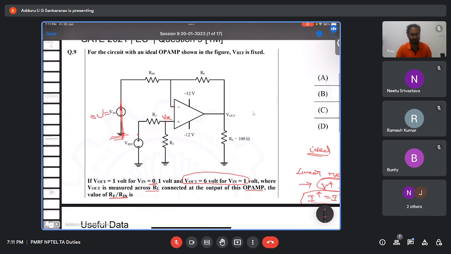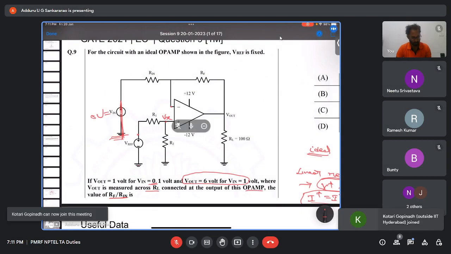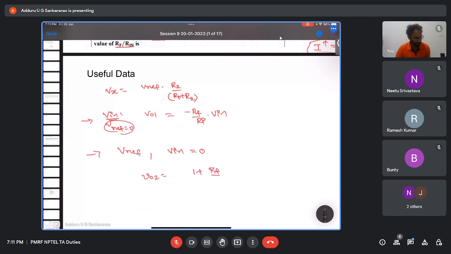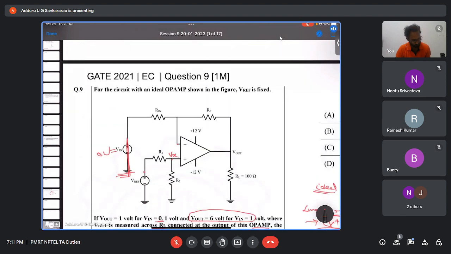Which configuration is this? This is the non-inverting configuration. So for the non-inverting configuration, you know the output. What is the output? Let us say the output is V02, equal to 1 plus Rf by R1 into Vx, right? What is Vx? Vx is nothing but the voltage at the plus terminal.